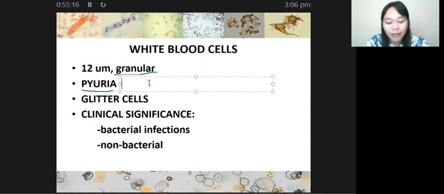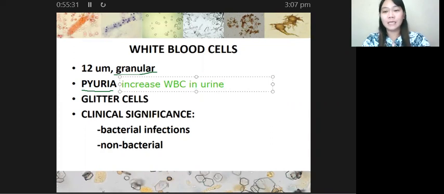When we say pyuria, it refers to an increase, the presence of increased WBC in urine. So we refer to that as your pyuria. Okay, ayan. So yan po.